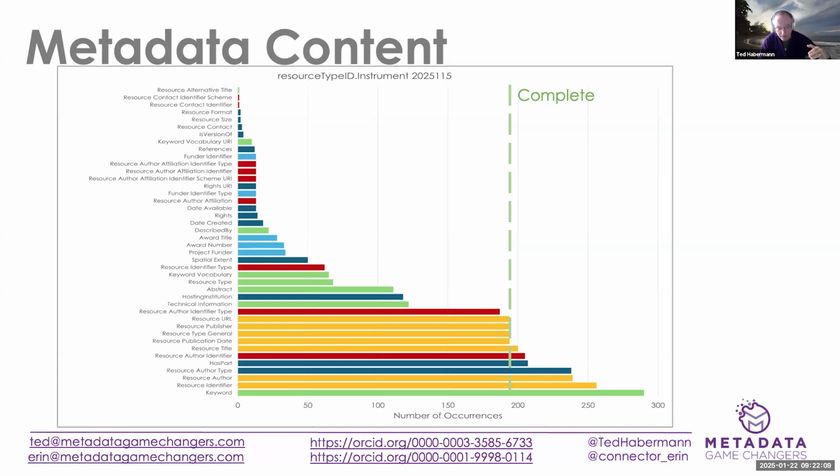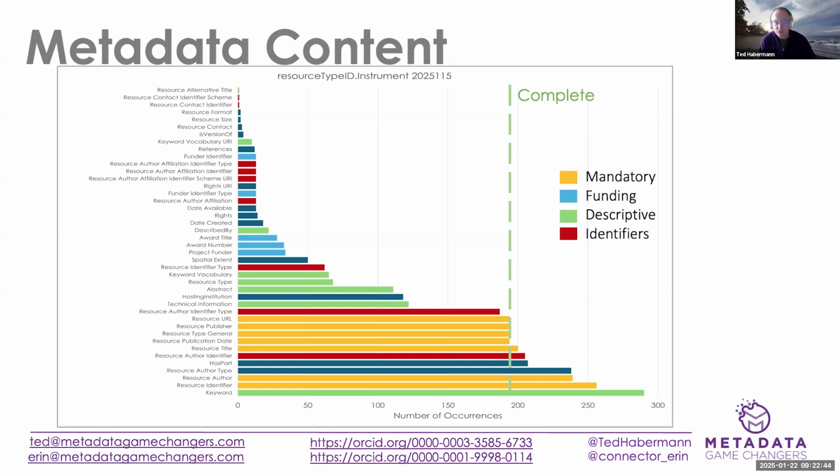Down at the bottom are keywords, so subjects, and a lot of keywords, of course, because records can have multiple keywords. But the important thing about this slide is that between the zero axis and that line of completeness, there's a large empty space where we have a lot of opportunities in the DataCite metadata schema to provide more metadata that will be helpful in understanding these instruments.